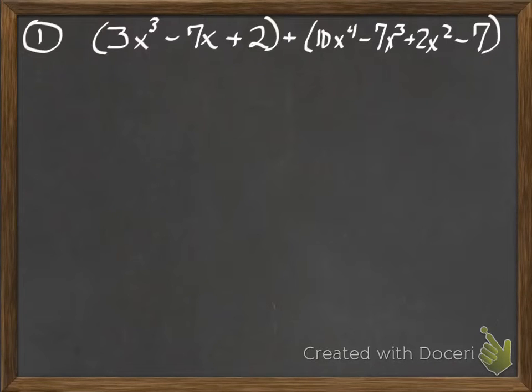So we need to figure out what are like terms. Like terms have the exact same exponent on your variable. Those are the only ones you can combine. When you are adding, the variable will not change. The coefficient is the only thing that changes. So let's identify a few like terms.